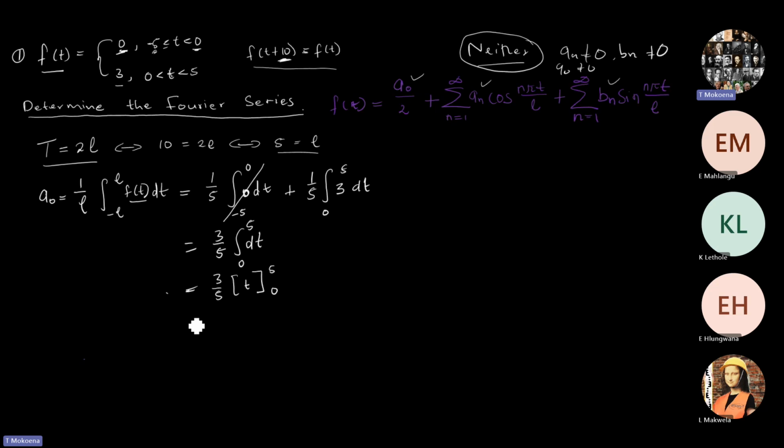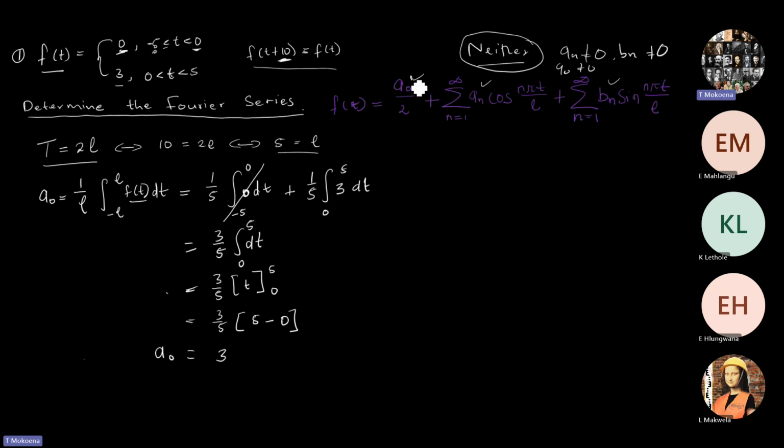Now what I'm going to do is I have 3/5. Remember, I substitute my bound. Here I have 5, subtract. Now I substitute 0 there. Then I'm going to have 0, close my square bracket. And therefore, when I distribute everything inside of the bracket, 5 will cancel 5. And therefore, my answer here will be 3. So that means A sub naught will be equal to 3.